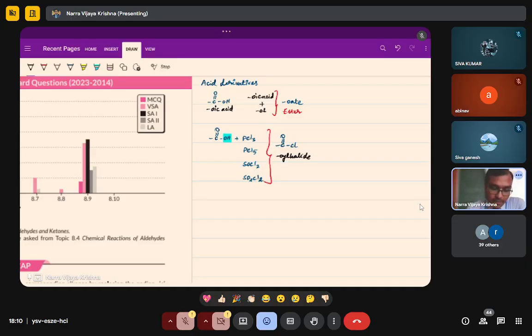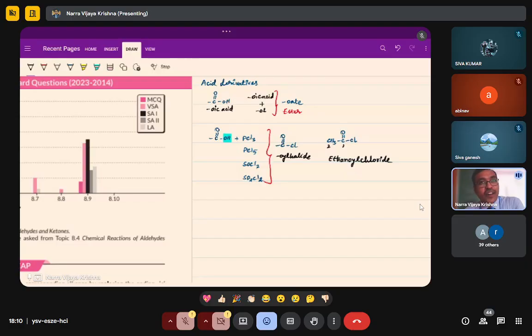For example, CH3COCl. Then what is it? 1, 2, a 2 carbon chain. So the name is ethanoyl chloride. Right, this O is important.